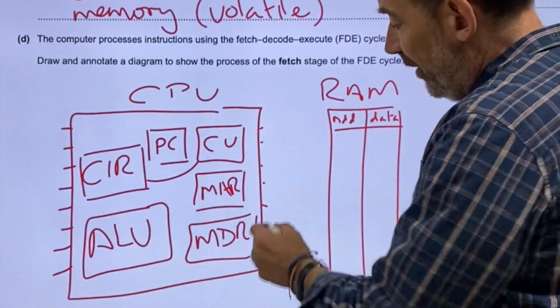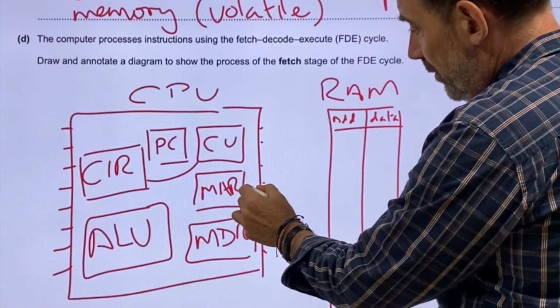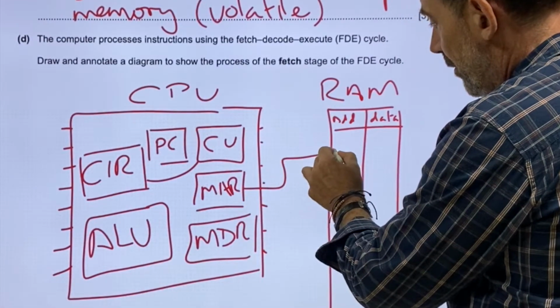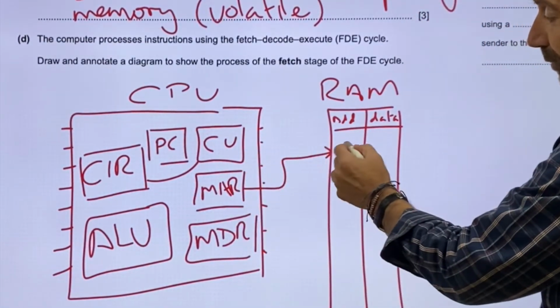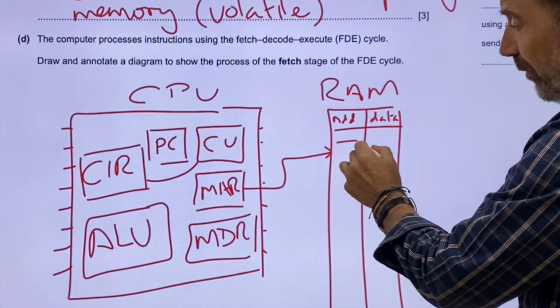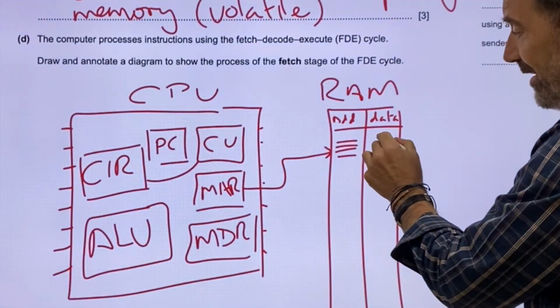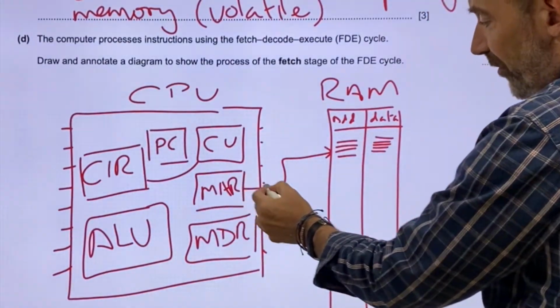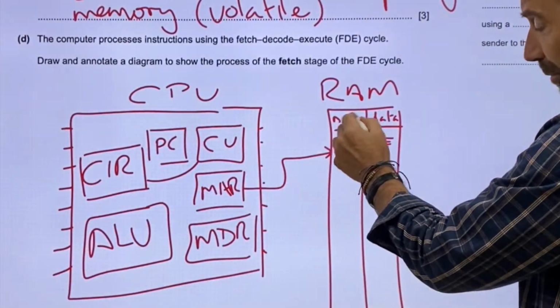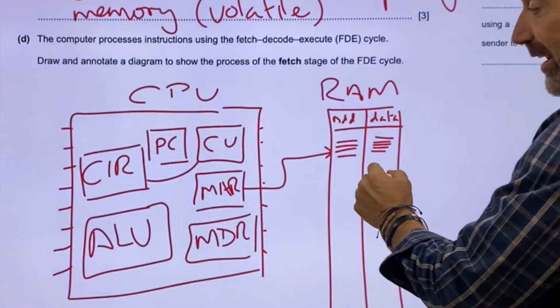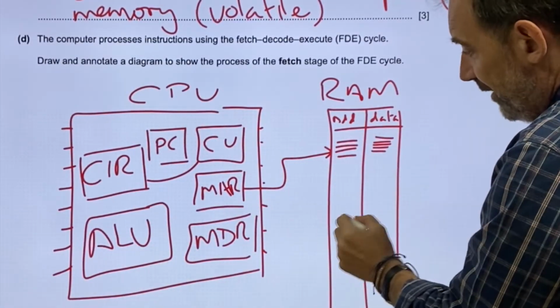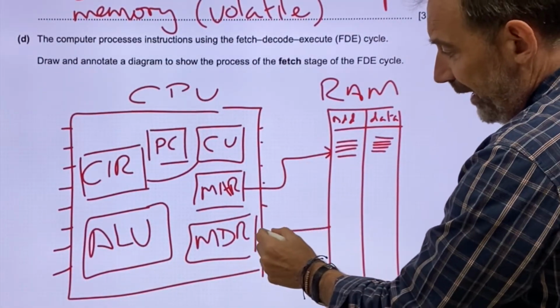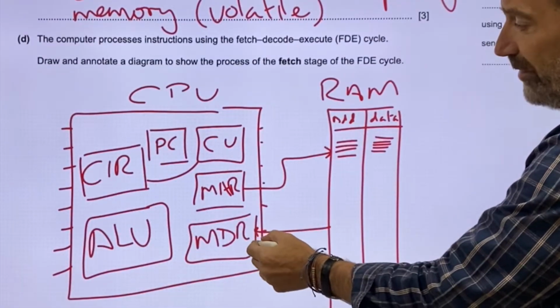What generally happens is the address is sent to find the location of what data they want. So the memory address register sends a request to the memory address to find the data. Then from RAM that goes back into the memory data register.